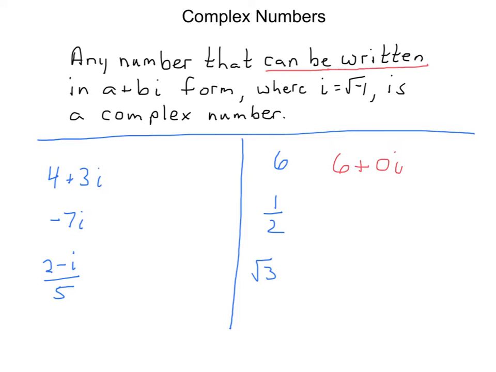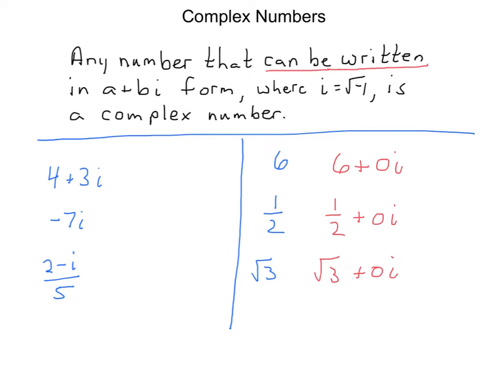In fact, all of those over here, every number you see on here, that's 1/2 plus 0i, and the square root of 3 plus 0i. In fact, every number that you have ever worked with, every number that I have ever worked with, every number that any individual on this planet has ever worked with has been a complex number.